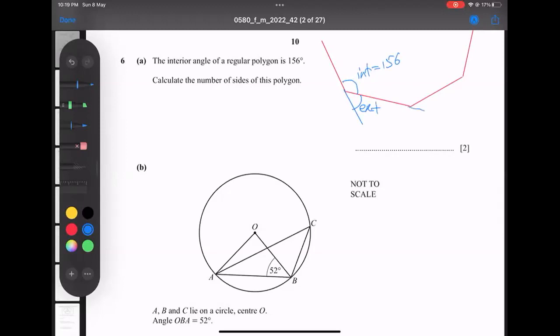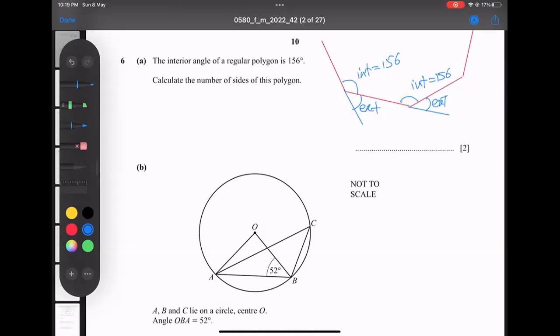A similar approach you can apply here. This is interior, this is exterior. Interior is 156, and so on. Okay, how to get this answer?